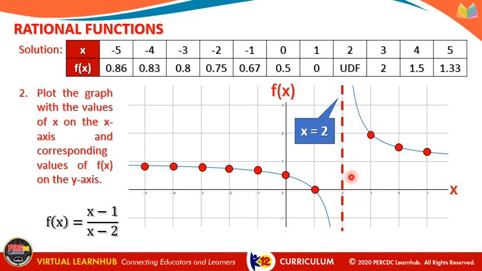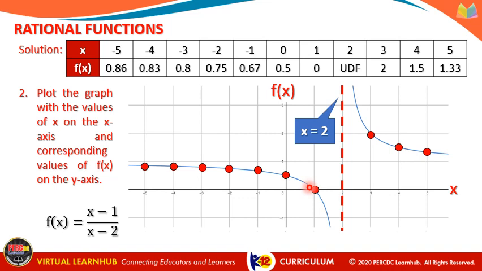So as you can see, ano ang nangyayari sa graph natin? Palapit ng palapit yung graph mo sa x is 2, kaya lang never tatawid yung graph mo sa x is 2. Palapit siya ng palapit sa x is 2, but it will not intersect with it.